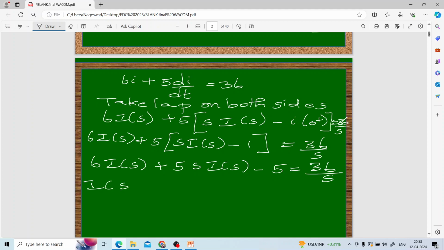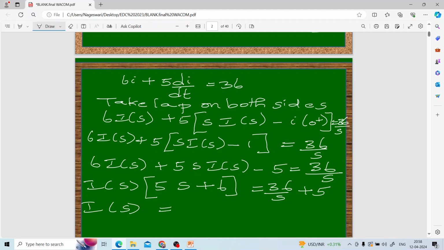I of s, if you take common, so (5s plus 6) is equal to 36 by s plus 5. Further, if you simplify, I of s is equal to (5s plus 36) divided by s into (5s plus 6). So this is the I of s equation.